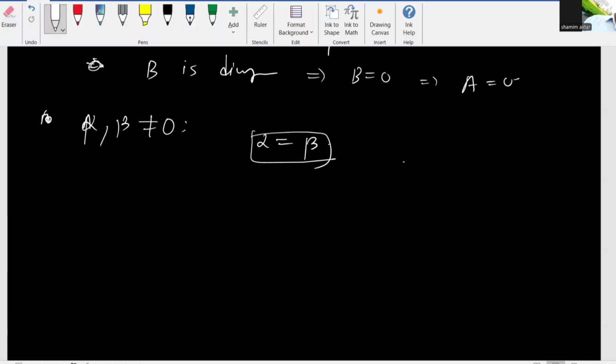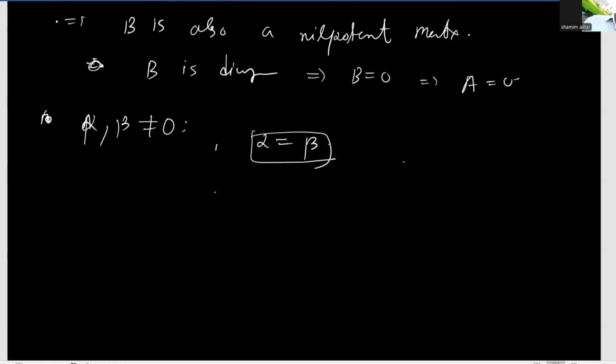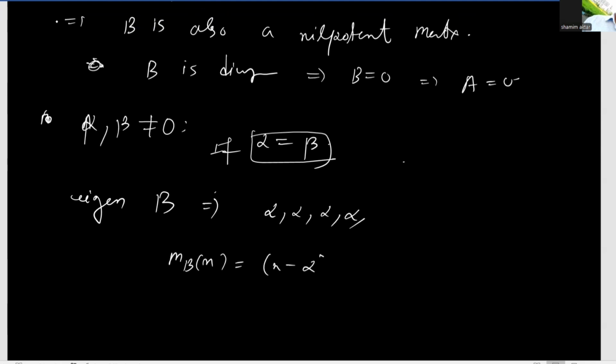So if alpha equals beta, the eigenvalues of B are alpha, alpha, alpha, alpha. So the minimal polynomial of B is equal to x minus alpha. Why? Because B is diagonalizable. If B is diagonalizable, then the minimal polynomial of B has distinct linear factors, so that is only x minus alpha.